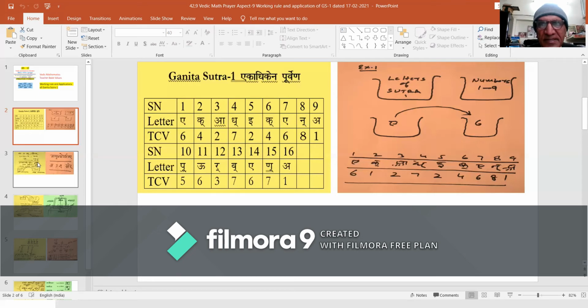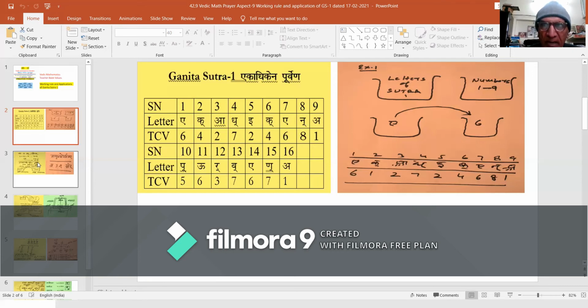This exercise, this example, this application is the fundamental application, fundamental example, fundamental exercise, fundamental value. By going through this exercise, we shall have insight about the applied values domain initiation for Ganita Sutra 1.